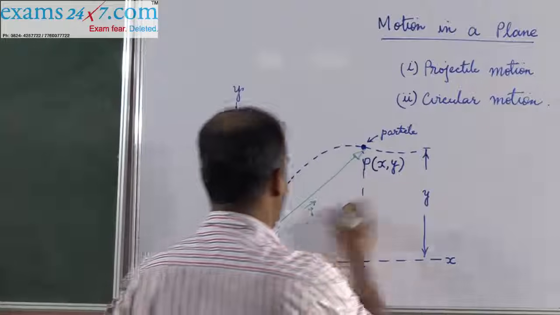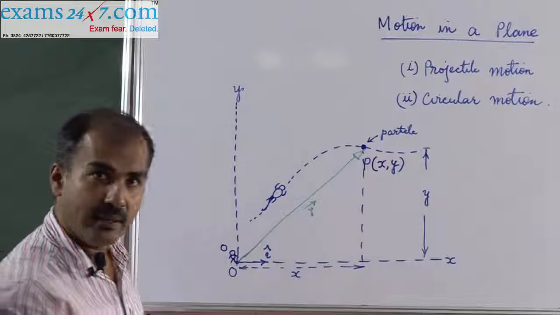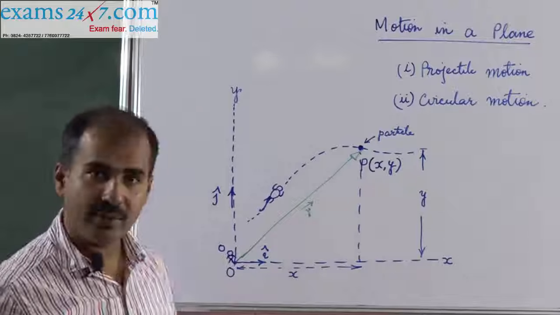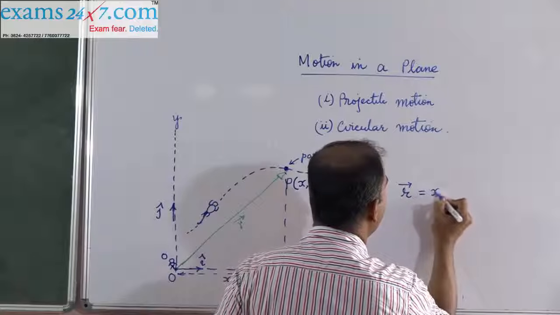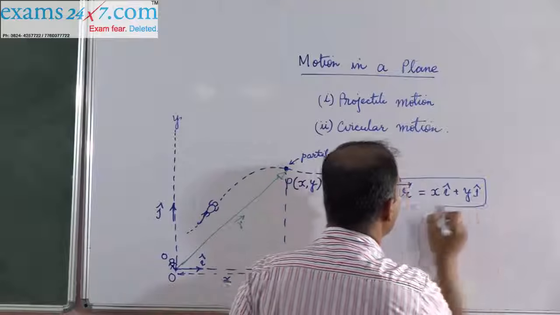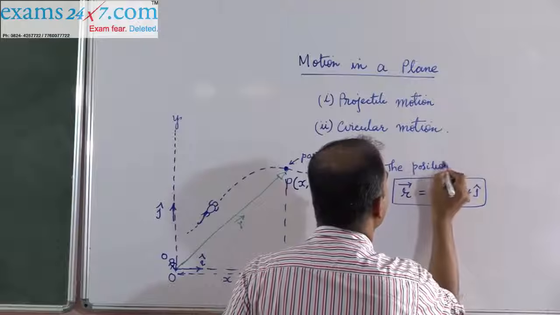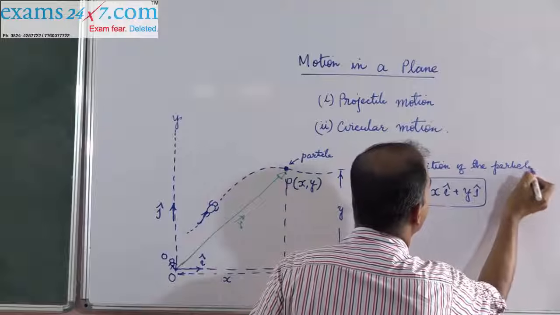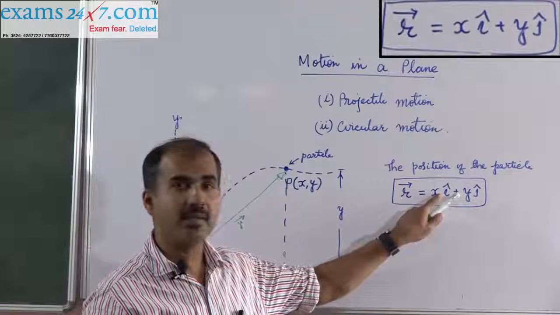And naturally, if you consider a unit vector i cap in the x direction, and a unit vector j cap in the y direction, we may write r vector as x i cap plus y j cap. This is called the position vector, or position of the particle. The position of the particle at a particular time instant is given by r vector equals x i cap plus y j cap.